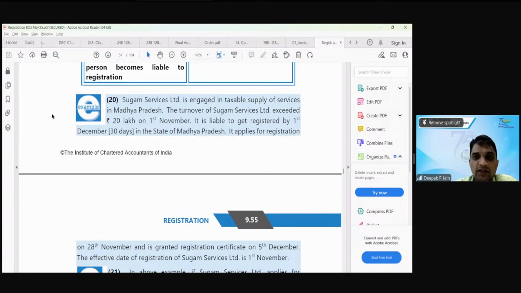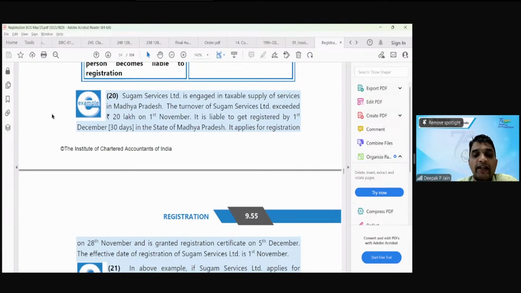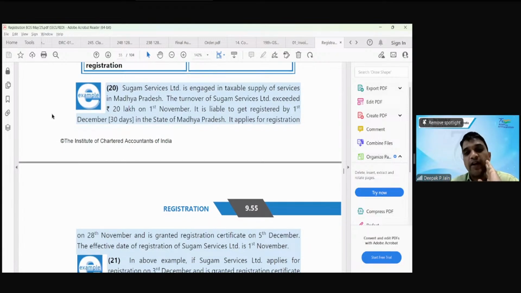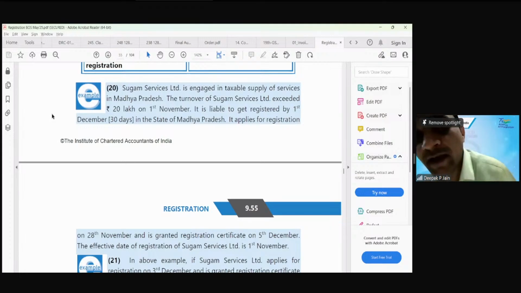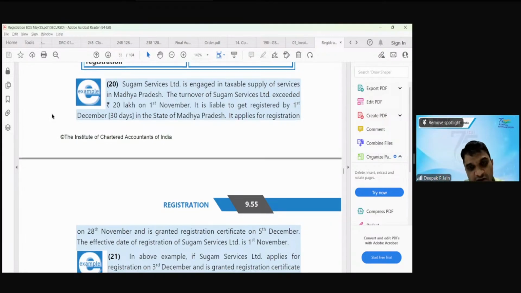The turnover of Sugam Services Limited exceeded 20 lakhs on the 1st of November. When did it cross 20 lakhs? 1st November. So he's liable for registration from the 1st of November. It is liable to get registration by 1st of December. Correct? So liability is crossed on 1st November; 30 days will be 1st of December, because leaving out 1st November, the remaining 29 days and 1st December will make it 30 days.